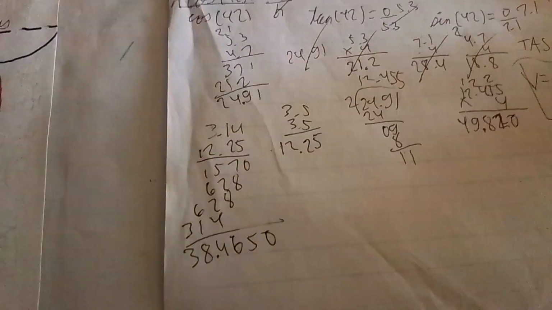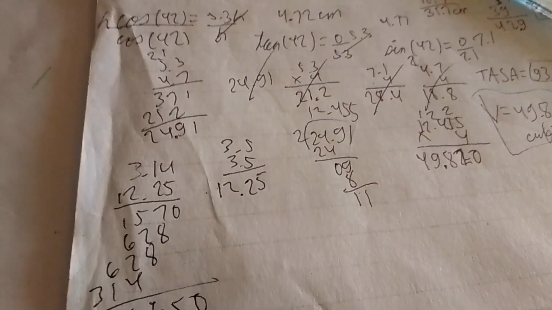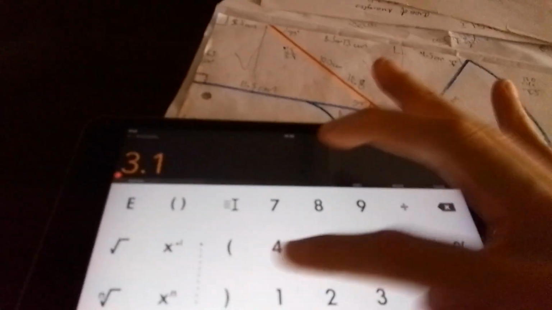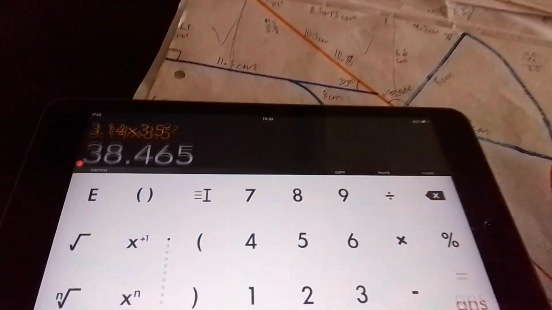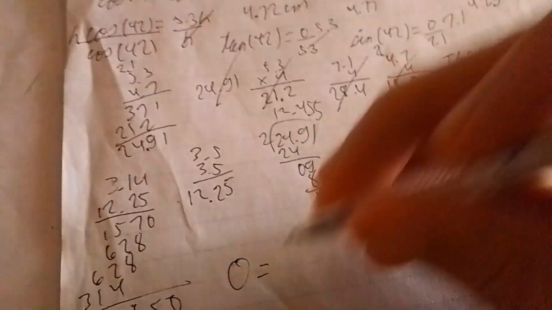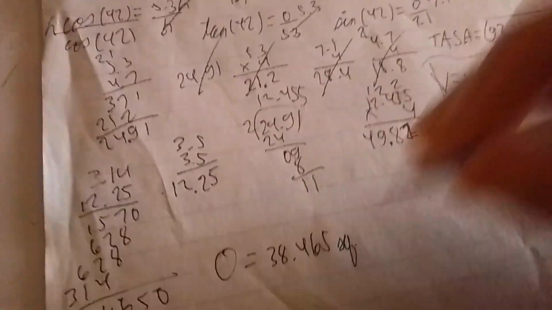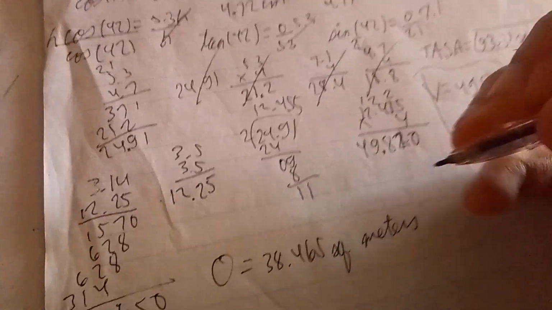So you're supposed to get 38.465. It goes like this. Very good. So that is the area of the circles, right? So this one pertains to the circles, alright? Keep that in store, okay?